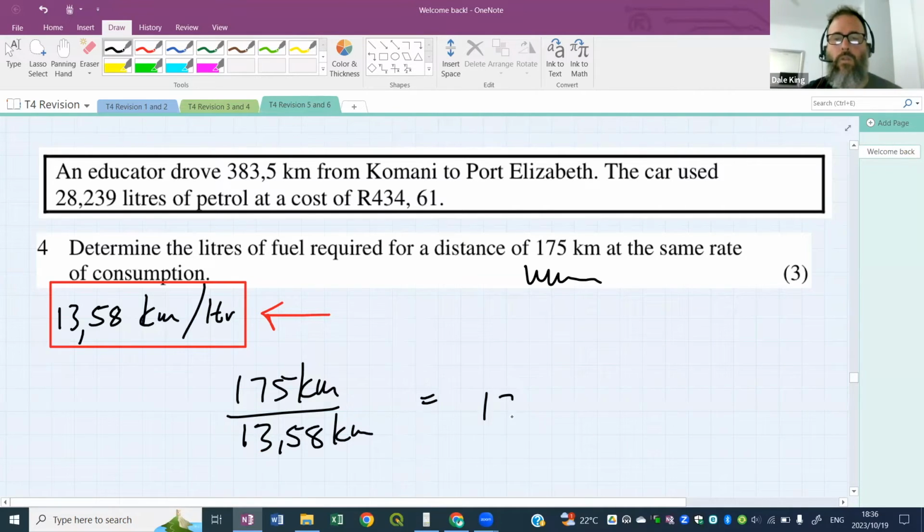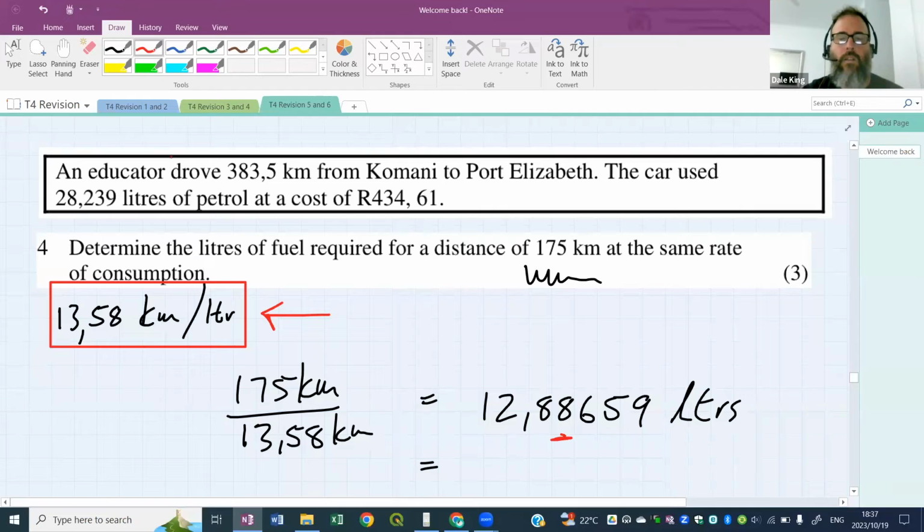So 13.58 can go into 175, 12.88659 times. And every time we do it, it's 1 liter. So this is 12.88659 liters. We round this off, looking at that 8, and say 12.89 liters.